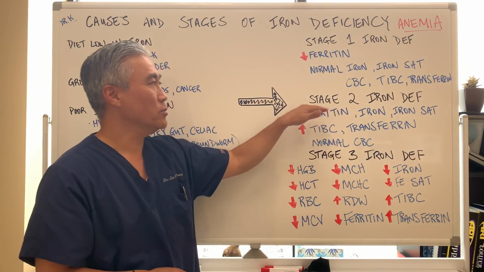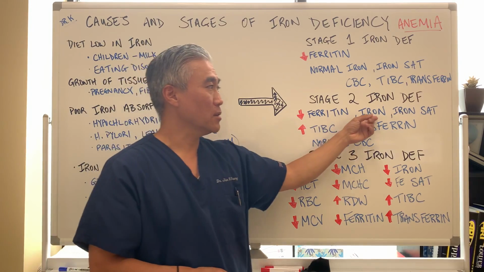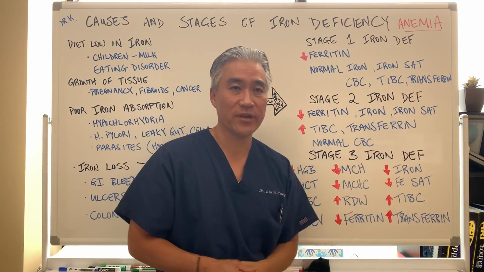In stage 2, it gets more severe. So you're going to have low ferritin, low iron, and low iron saturation.